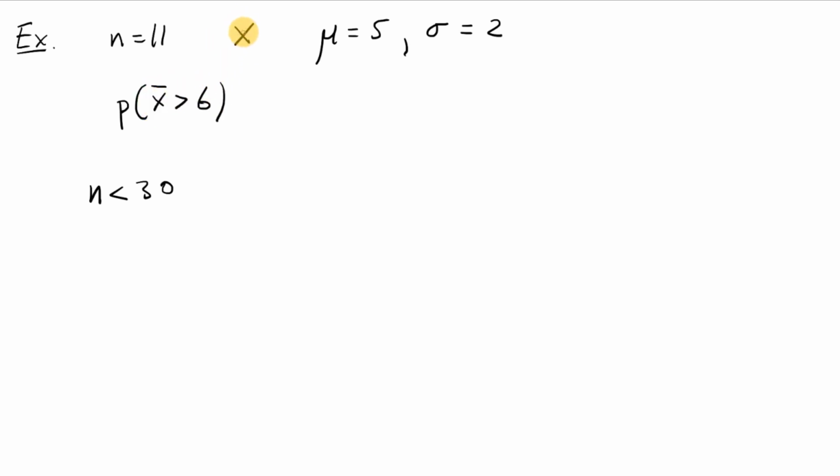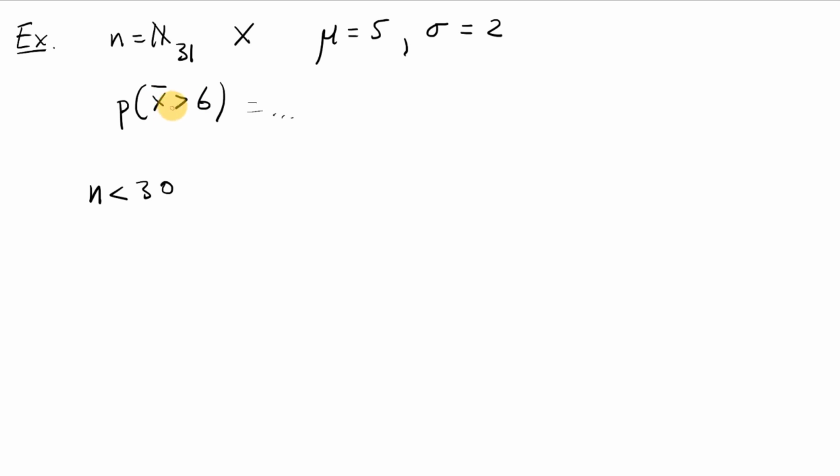If x would have been normally distributed, this would also be, but we don't know. So we don't know if x mean is normally distributed, so we cannot calculate it using what we have learned about normal distributions. So in this case we cannot come any further on this probability using normal distributions. However, if for example we had changed this to 31, then we could have continued calculating, because then this will be normally distributed.